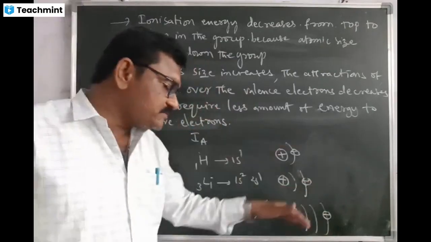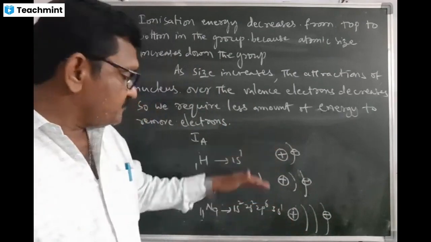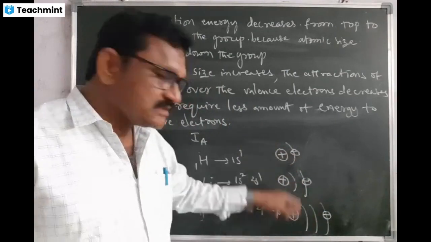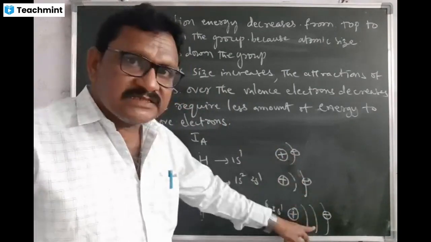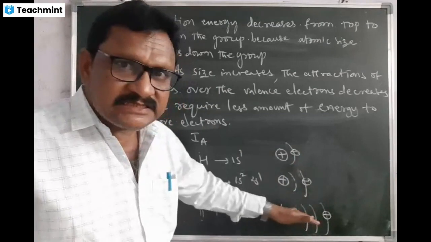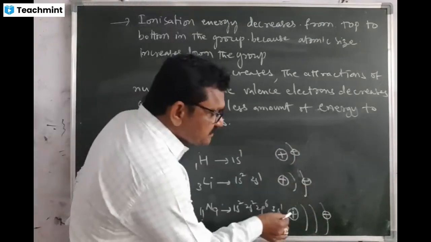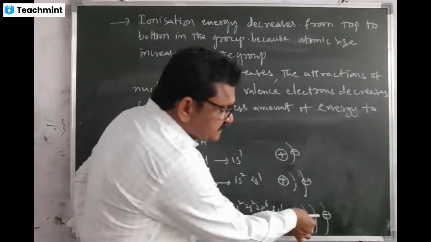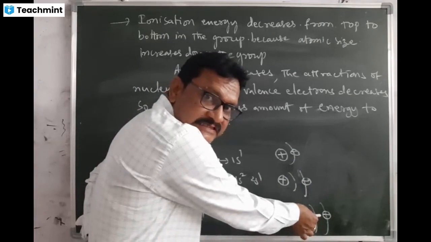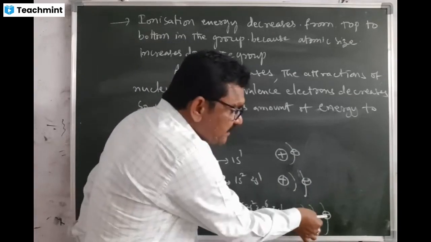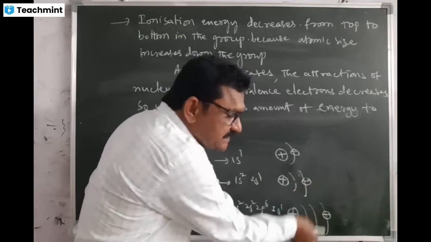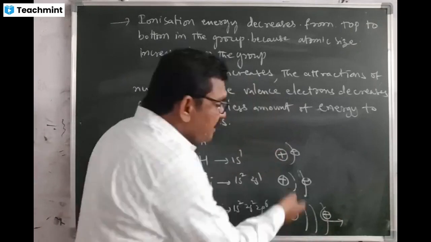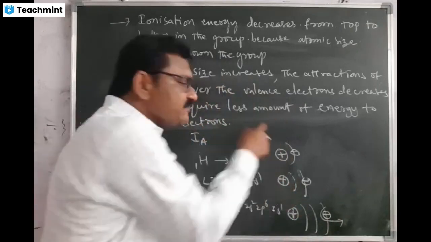Observe from top to bottom: the number of shells increases, so size increases. By that, the attraction between plus and minus decreases because distance increases. That's why you can remove this electron more easily compared with lithium and hydrogen.